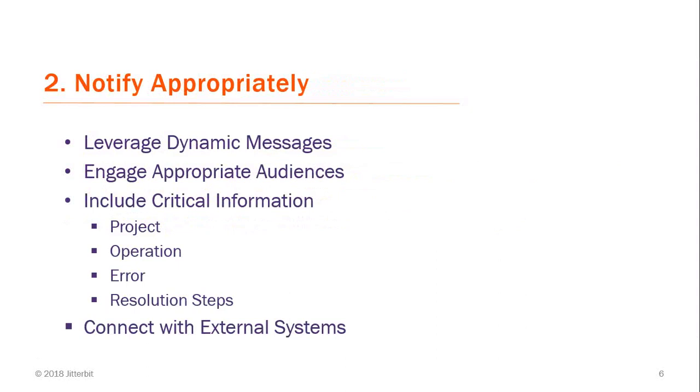In those cases, you've got different projects that are named similarly, and operations within there that are named similarly. Make sure that in the error notifications you send out, you include what project this is affecting, so I know where to go look if I need to make a resolution. Include what operation failed.